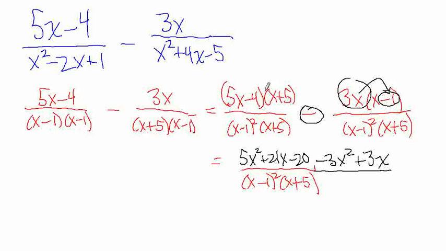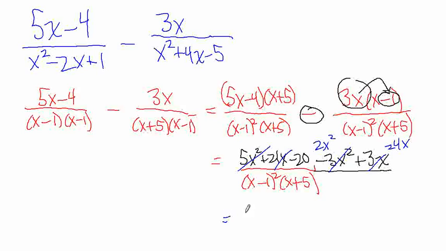Now let's see if we can do anything to that. 5x squared minus 3x squared gives 2x squared left over. 21x plus 3x gives 24x left over. And I think that's all we can do.